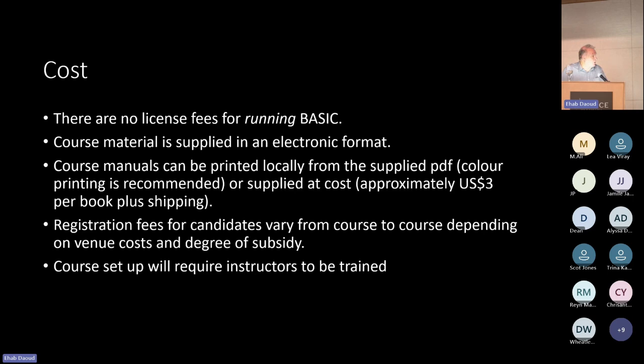The course manuals are printed locally or can be supplied from Hong Kong. They cost about $3 US for us to print, but unfortunately the cost of transporting them is now sometimes 8 to 10 times that. In New Zealand, the cost used to be about $10 in your hand, now $40.